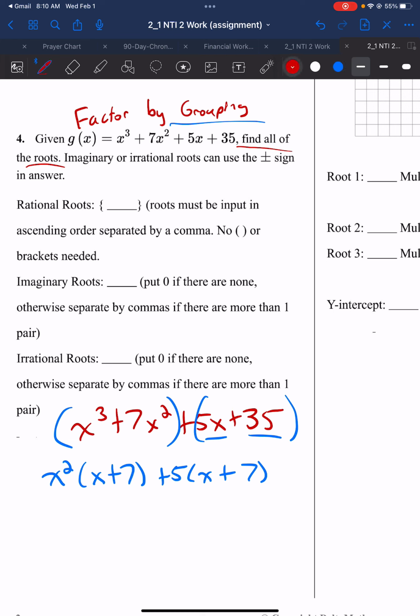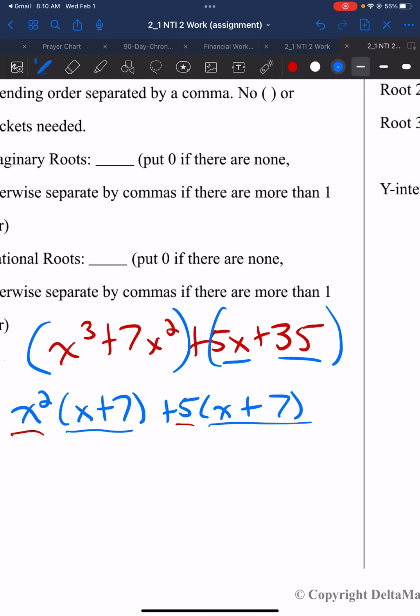And what you'll notice here is you have two things. You have what you factored out in front, and then you have these two parentheses of what you have left over. If you did it right on factoring by grouping, these should always be the same. So I have two sets of x plus 7s. Okay? So that means these x squareds are going to come up front.